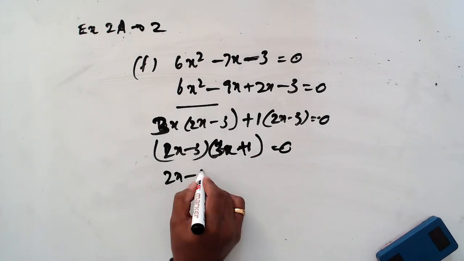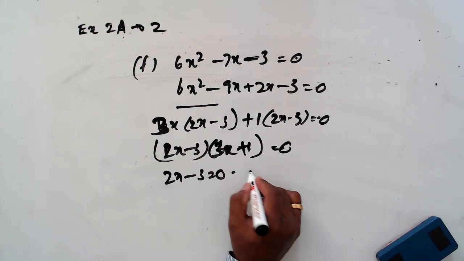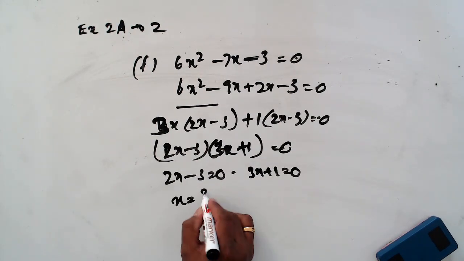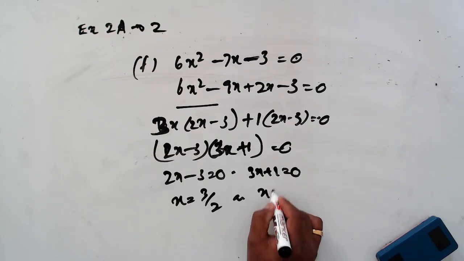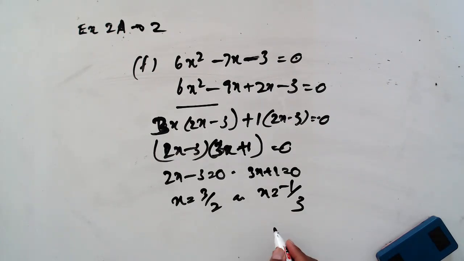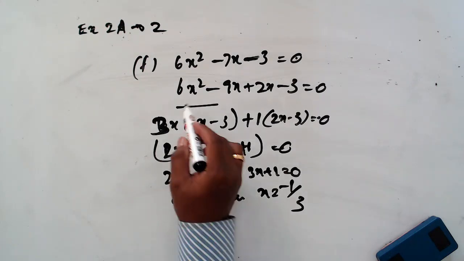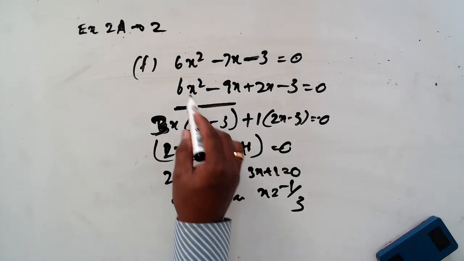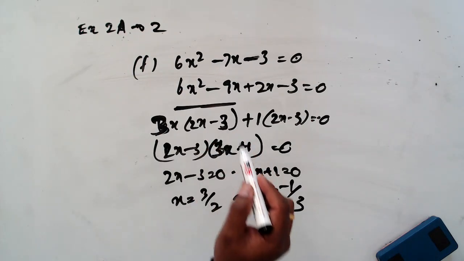Then 2x minus 3 equals 0, or 3x plus 1 equals 0, x equal 3 over 2, or x equal minus 1 over 3. When you consider those two, the 3x is common, then 2x minus 3 is remaining.